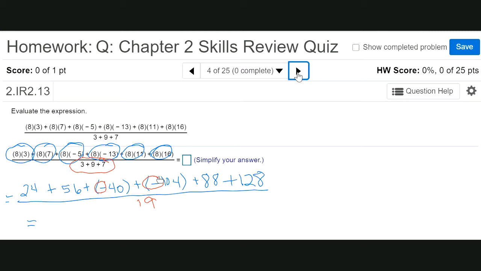And that gives me a top number of 152 over 19 equals 8. So that would have been the number I put in the blank. That is problem 4 in your Chapter 2 skills review.